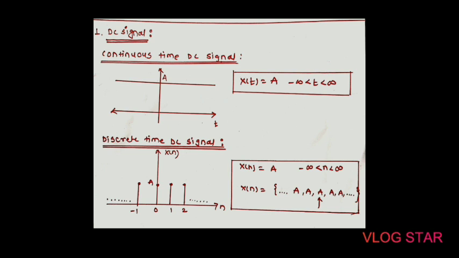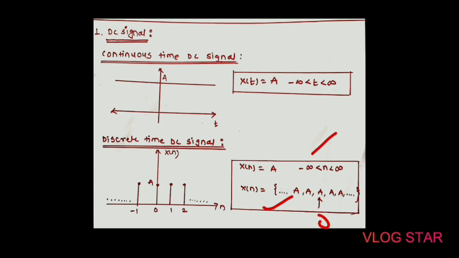Second, discrete time DC signal. The figure shows the discrete time DC signal. It is a sequence of samples each of amplitude A, extending from minus infinity to plus infinity, or it can be represented in the infinite sequence form as follows: x(n) = {..., A, A, A, ...}, where this arrow represents the 0.